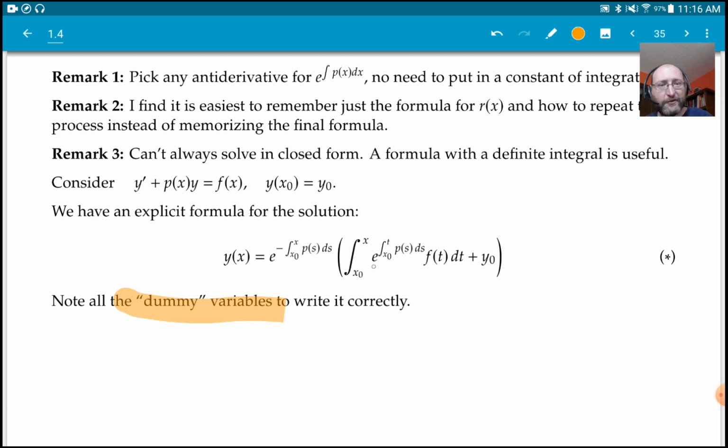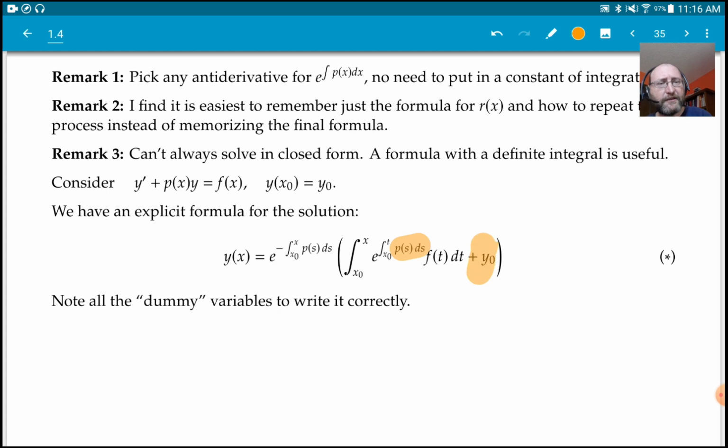Over here you're integrating with respect to t, so there should be t somewhere. The t is in here and the t is in here, but the dummy variable in the integral for p has to be something else. So I've made it s. But essentially, you just write it out.